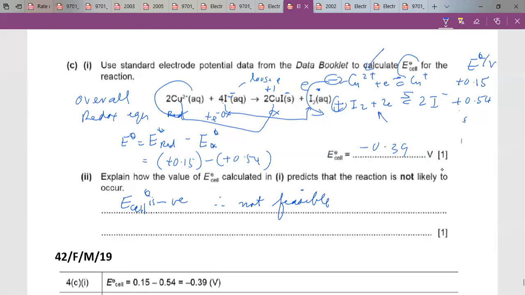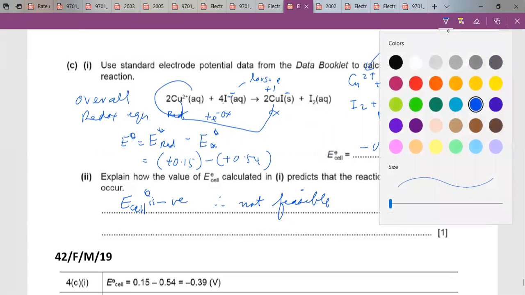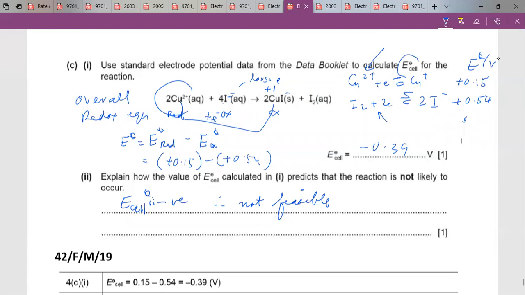Now I made a mistake. See this, I made a mistake here. Sorry about this, I just spotted it. Now, according to the equation, Cu2 plus is going to Cu plus. I thought it was the other way. That means if this is going this way, accepting electrons, this must be positive.